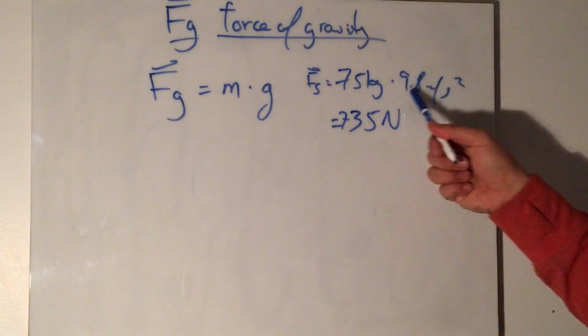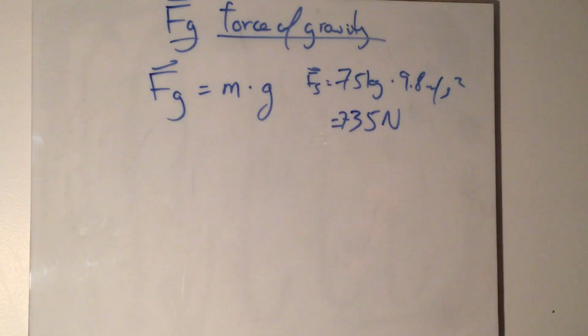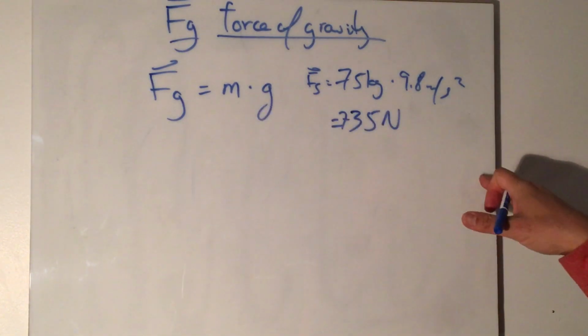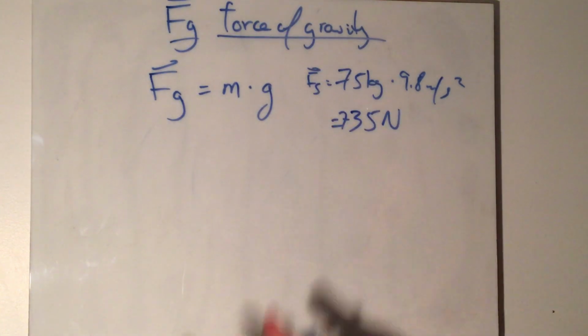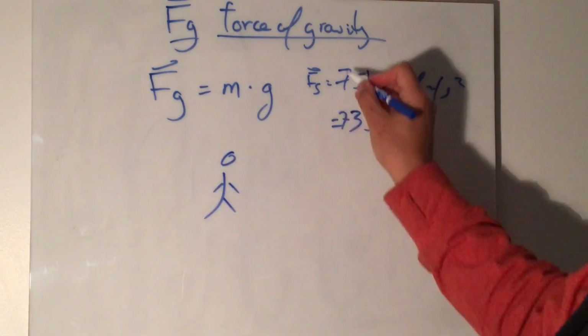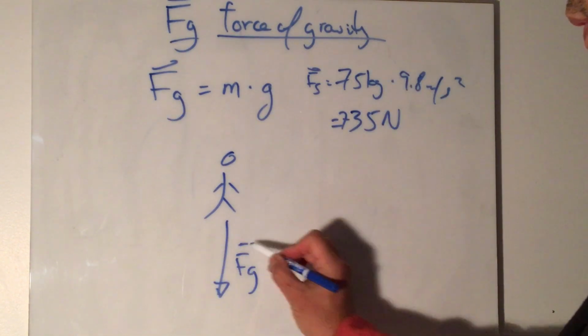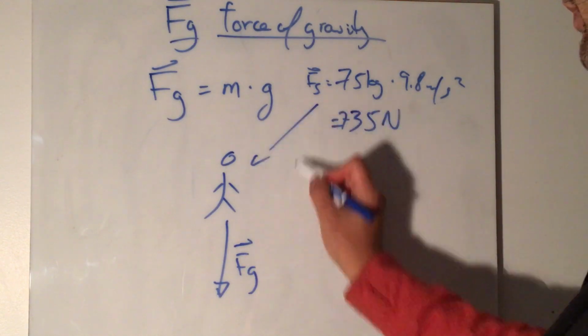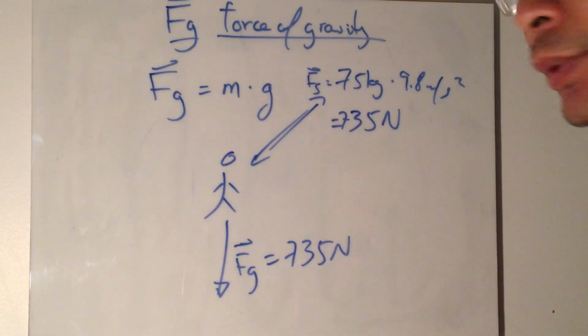Okay, kilograms times meters per second squared, which is what a newton is, right? So that's how you calculate how much force is being pulled down on any given object. So if you have a person, 75 kilos, that is the Fg. So the Fg for this person, 75 kilos, is 735 newtons.